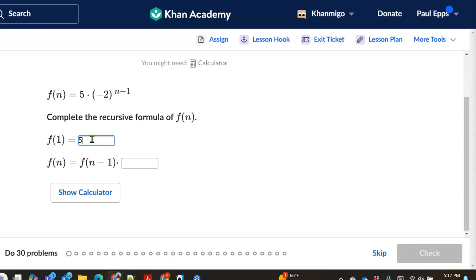We should probably run through a few more of these and see where the answers fall. So we have 5 for the first one, and then what if n goes to 2? Then n minus 1 is 1, and then we have 5 times -2, which is -10.